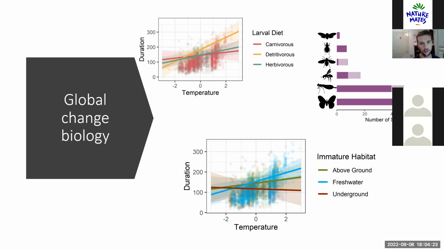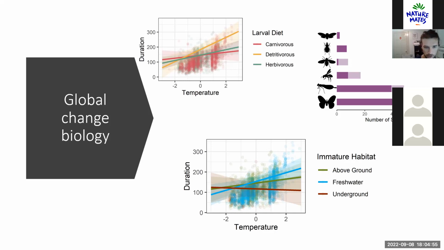And we looked at how long their flight periods occurred across a temperature gradient, and conditioned that by life history traits. What we found was that species in warmer areas had longer flight periods if they were detritivores, so if they ate detritus as larvae, potentially because detritus has much more seasonal availability in warmer areas.